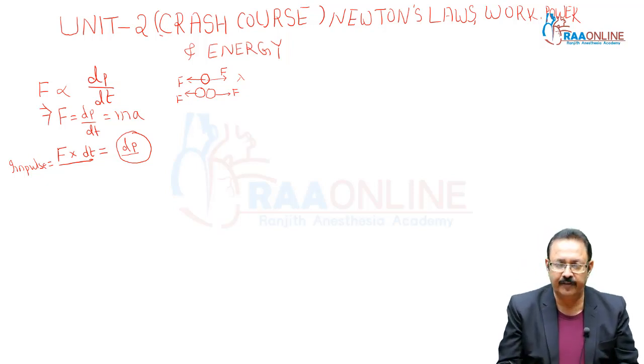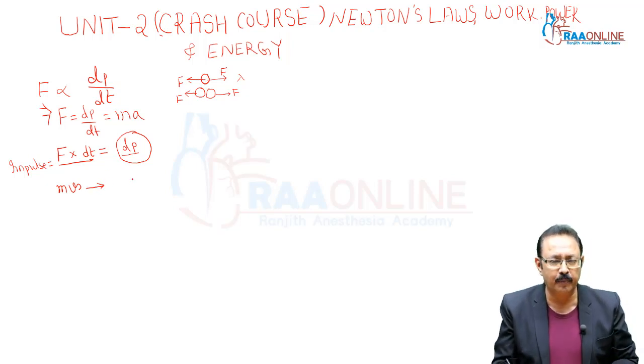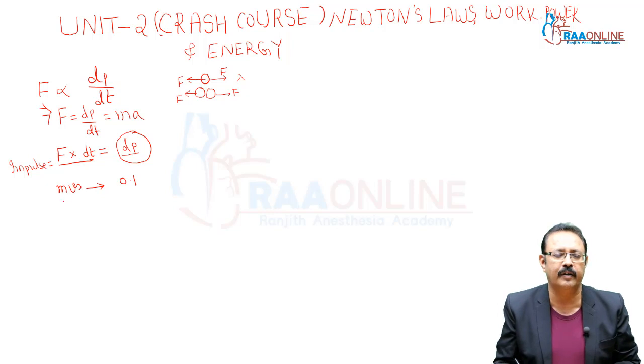See, if you want to make mv momentum 0 in 0.1 second, suppose the mass of the ball was 1 kg, velocity was 10 meter per second, so momentum was 10. If you are making this thing 0 in 0.1 second, what should be the value of F? 10 upon 0.1 means 100 Newton.